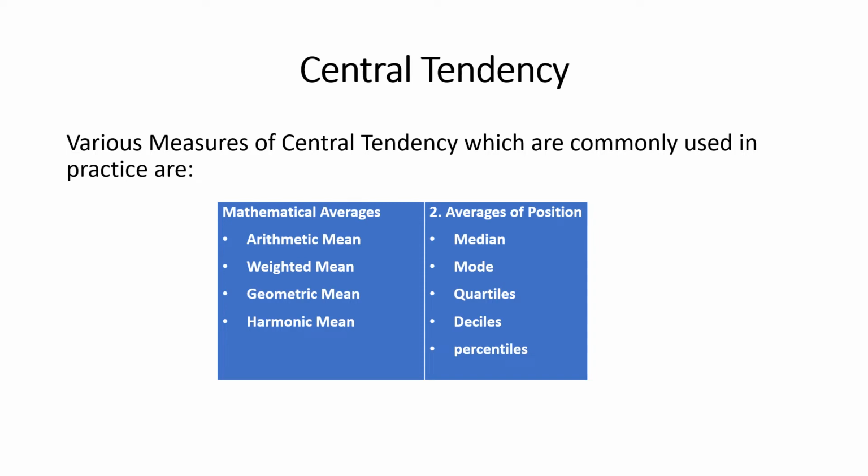The measures that are computed for a sample are called statistics, and these are denoted by lowercase letters. Measures computed for the entire population are called parameters, and they are denoted by capital letters.